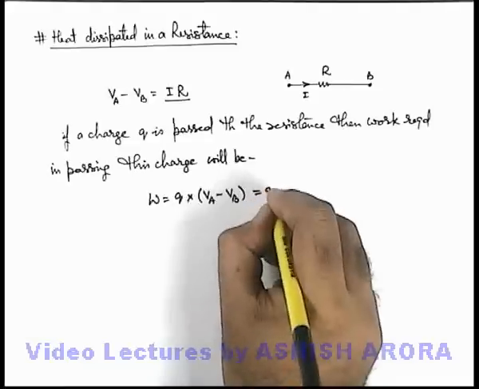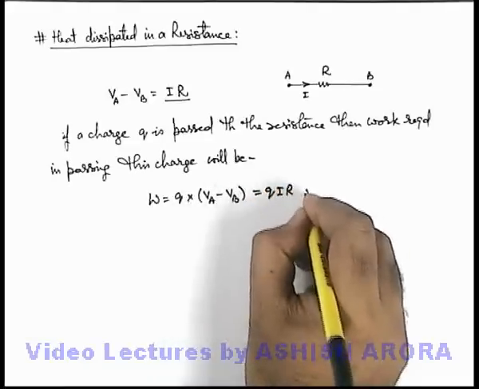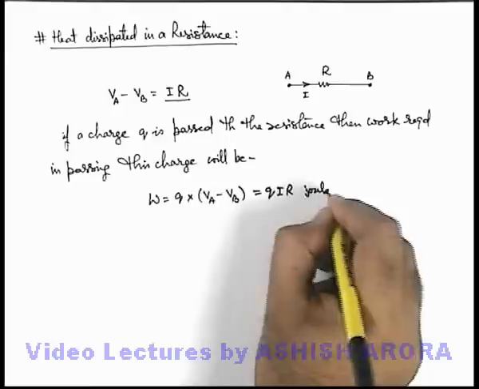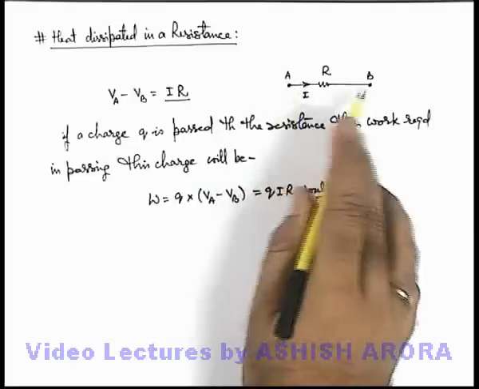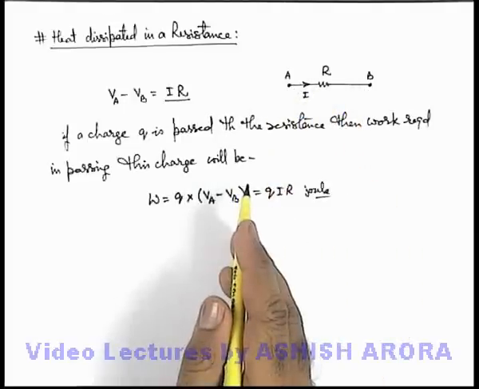So this can be written as QIR, joule. This much amount of work is required in supplying charge from point A to B through the resistance R.